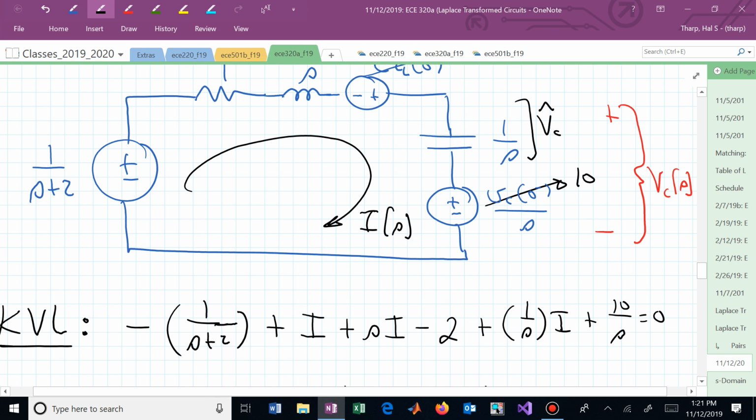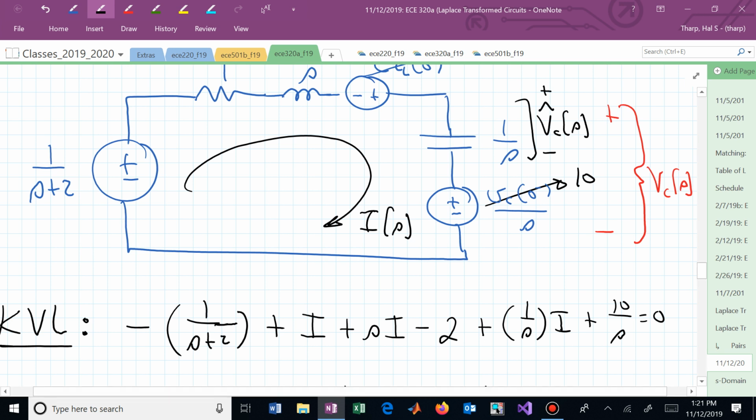Let me call it V sub c hat. How would we find V sub c hat? That one, because we already know what the other piece is, that's 10 over s. So if we can find V sub c hat of s, we've got V sub c of s. We okay?